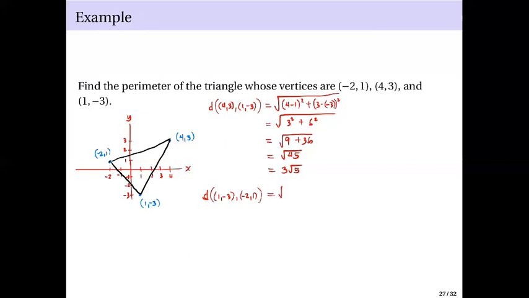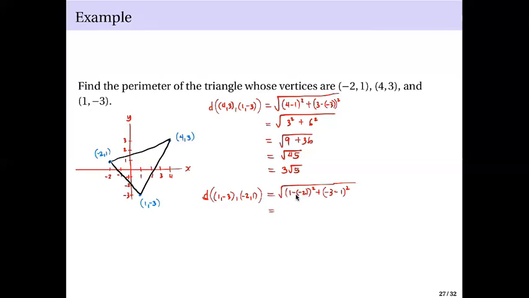This is the square root of 1 minus negative 2 quantity squared plus negative 3 minus 1 quantity squared.